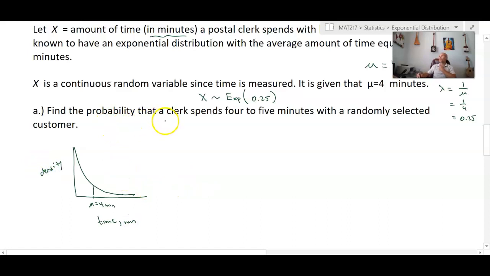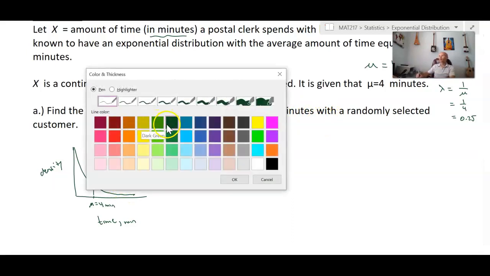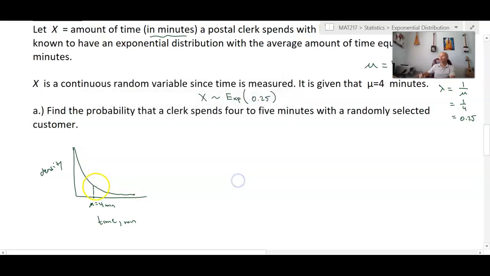Find the probability that a clerk spends 4 to 5 minutes with a randomly selected customer. So we want to know what's the area under the curve between here and say there. That's going to be 5 minutes.